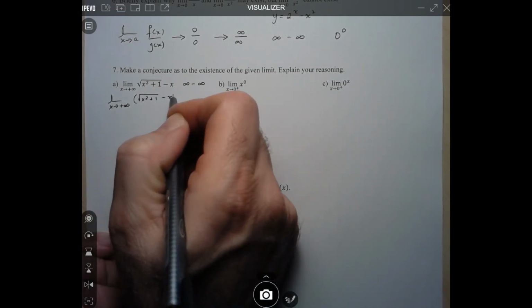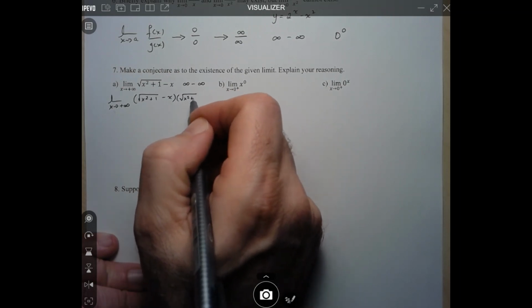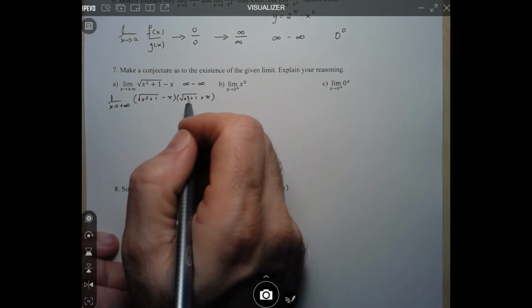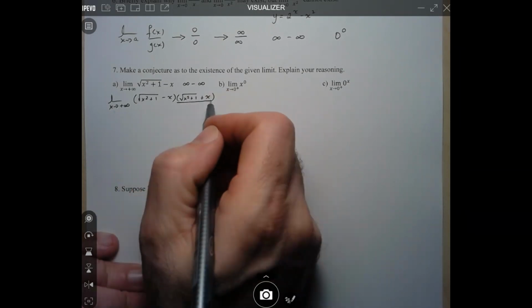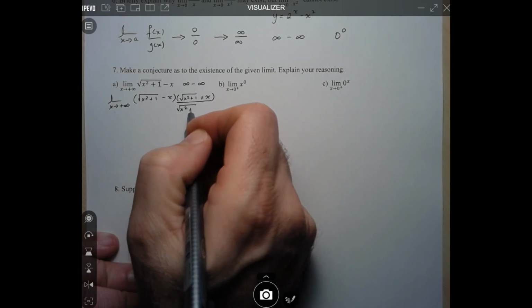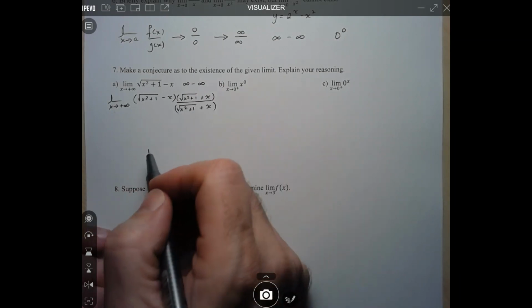So I'm going to multiply this expression by square root of x squared plus 1 plus x. But of course, I can't do that, I've changed the expression, so I'm also going to divide by square root of x squared plus 1 plus x. So essentially, I've multiplied it by 1.